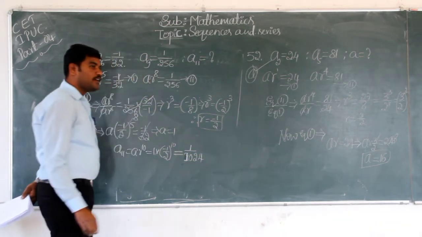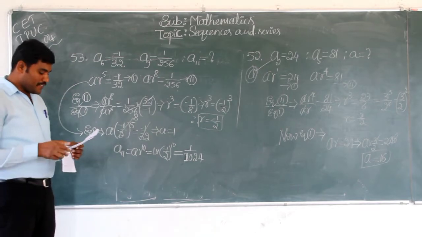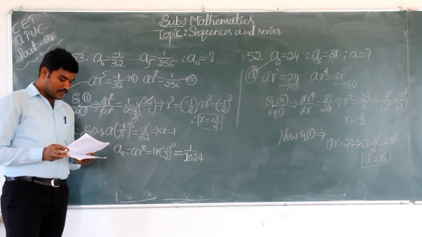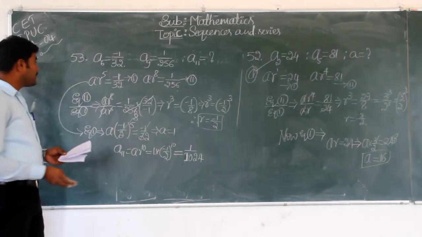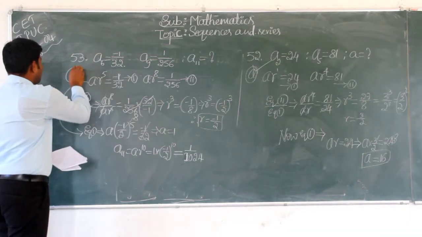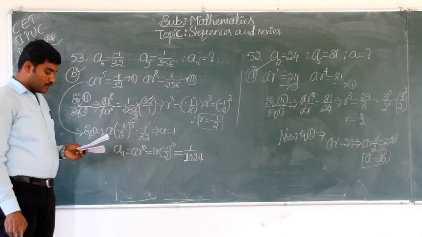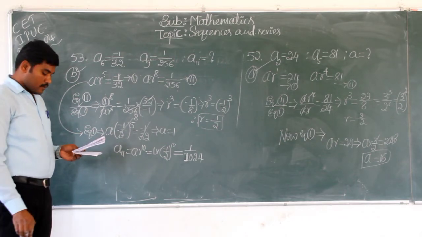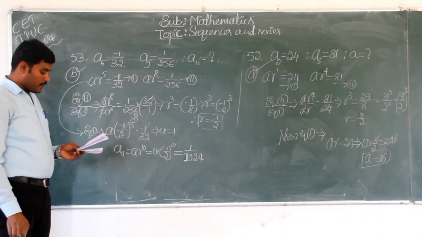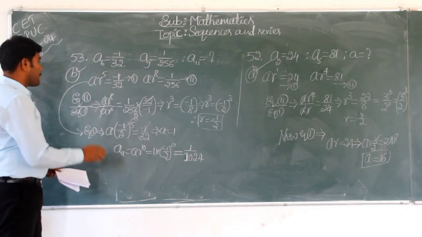Now check out the options. In option A, 1024 is there. Option B, 1 upon 1024. Therefore option B is the right answer. C is 1 upon 256, D is 1 upon 500. The correct answer is option B.